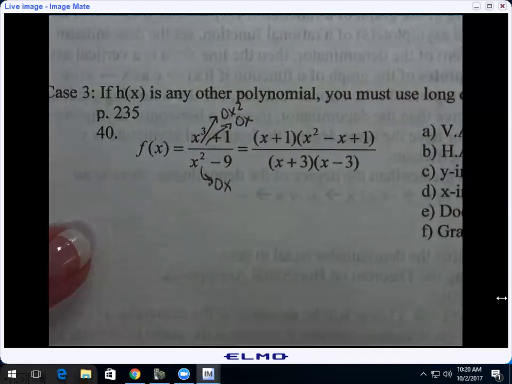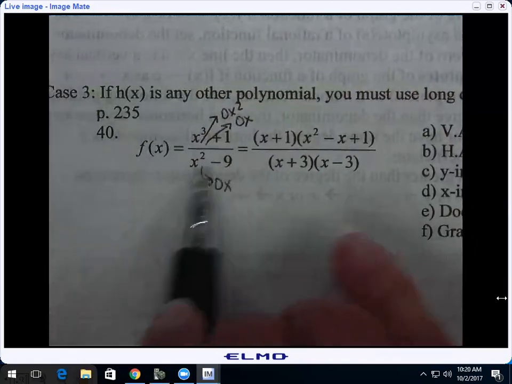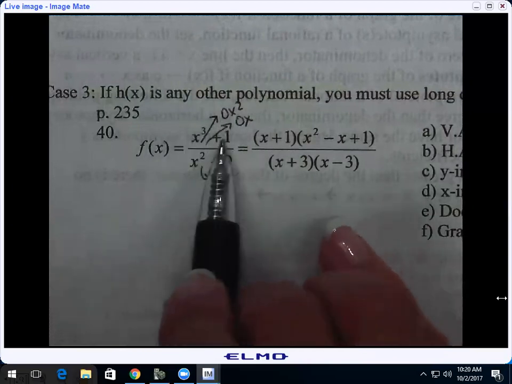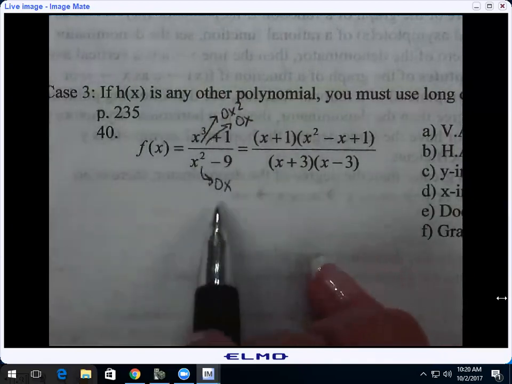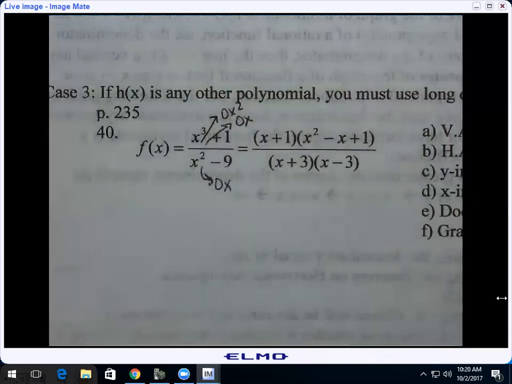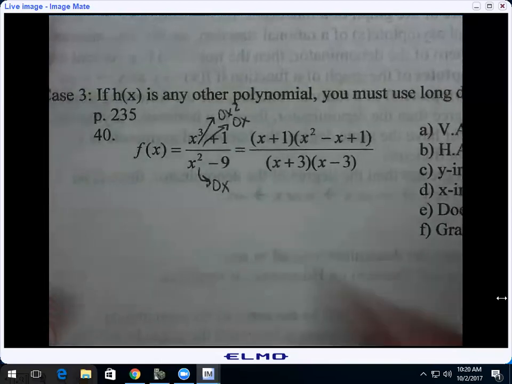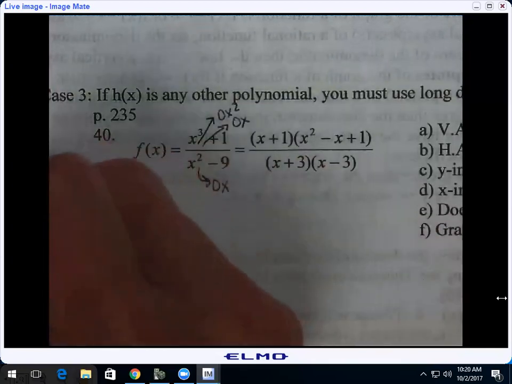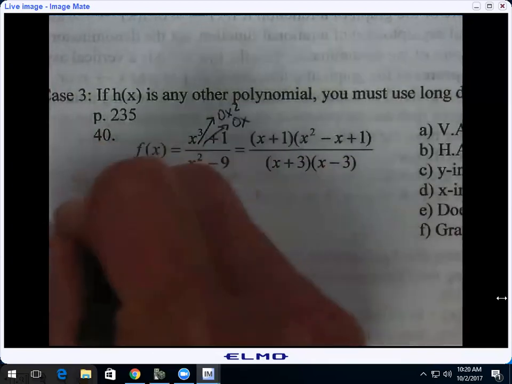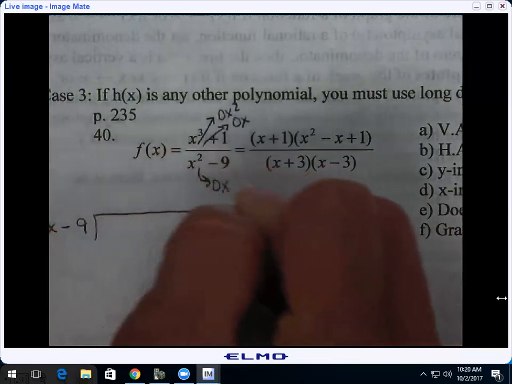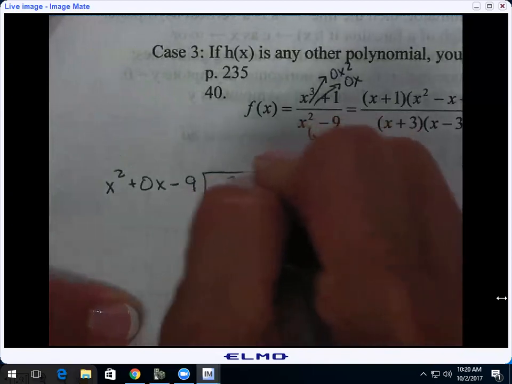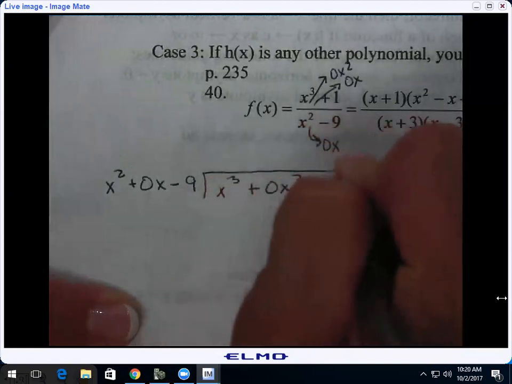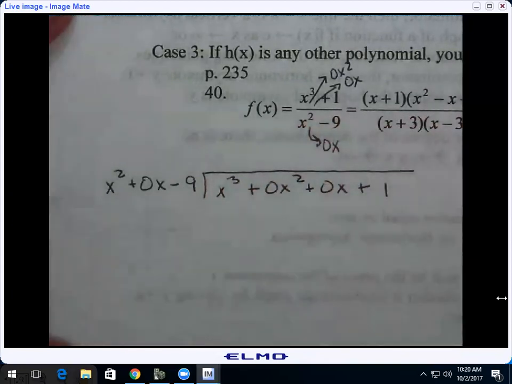So this is going to look like, in basic math, dividing a 3-digit number into a 4-digit number. We're dividing a 4-term polynomial by a 3-term polynomial. It's going to look like dividing, let's say, 252 into 4,758. I'm dividing x squared plus 0x minus 9 into x cubed plus 0x squared plus 0x plus 1.